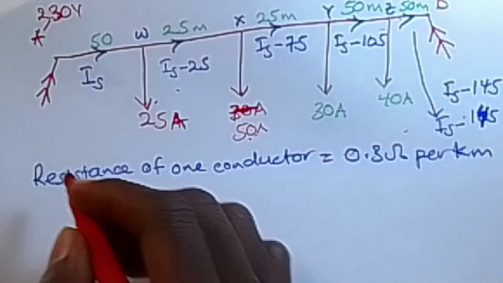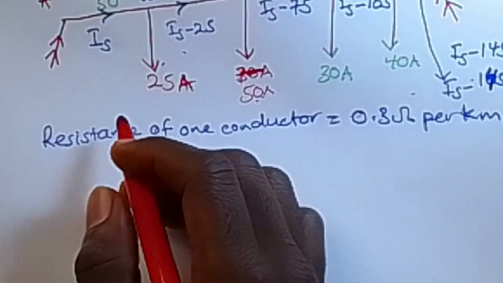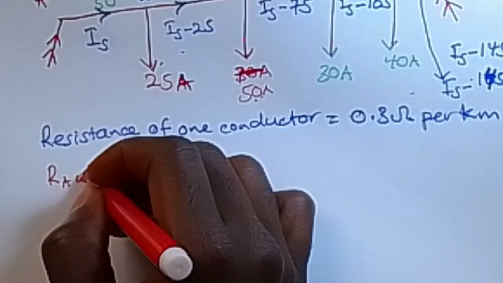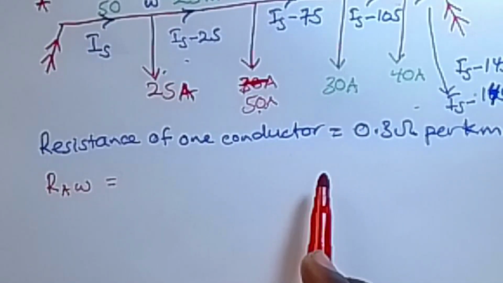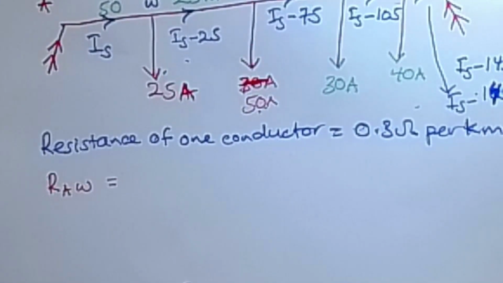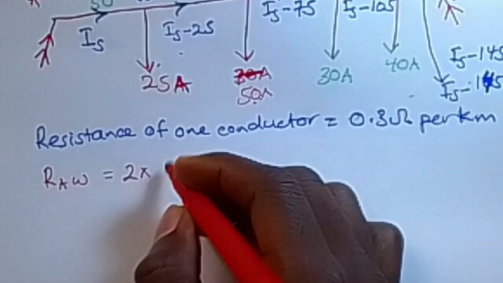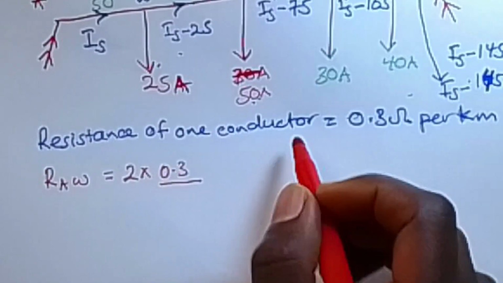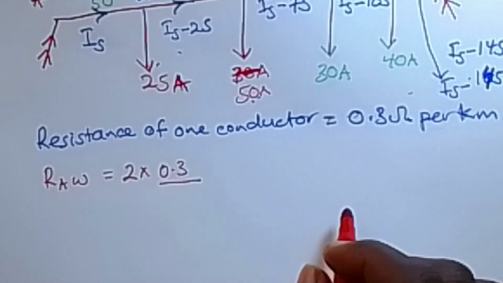So the resistance between the sections, for example, the resistance R between section A and W, is going to be equal to 2 times the resistance per conductor, which is 0.3, divided by 1,000, since per kilometer means per 1,000 meters.